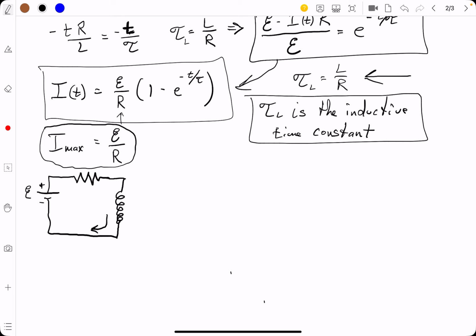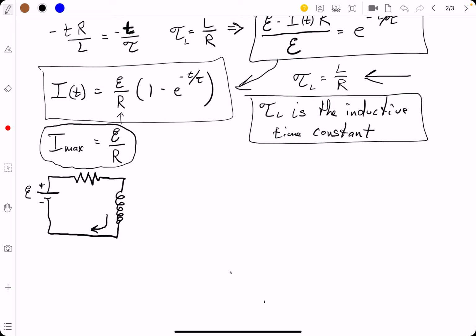this E over R, right? That's our I max. Everything else is going to subtract from that. It's going to go nothing but down from there. Why is that graph at t equals 0, that's 0, we're at I max.